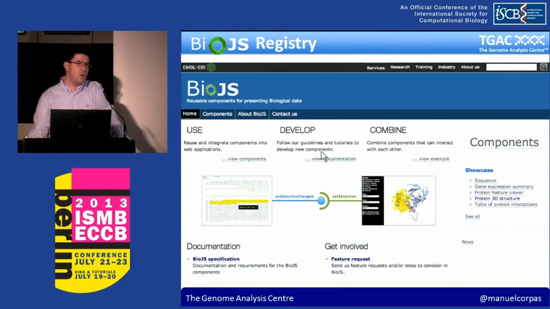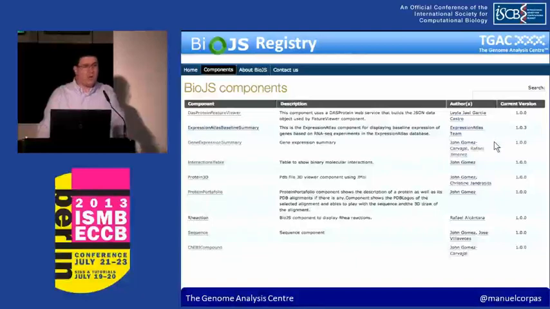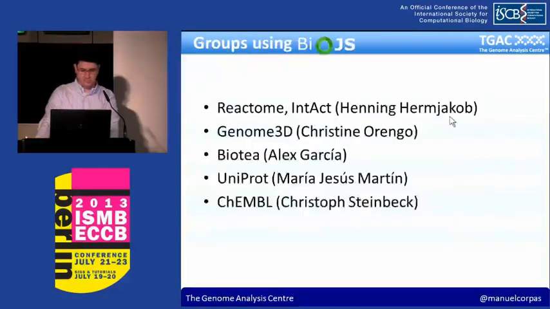We've had quite a few requests that people would like to have it in GitHub, so that might be the case fairly soon. If you click on components, you can see all of the different components that are available, along with the description, the authors, and the current version.